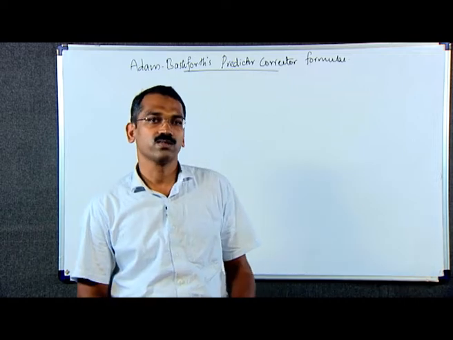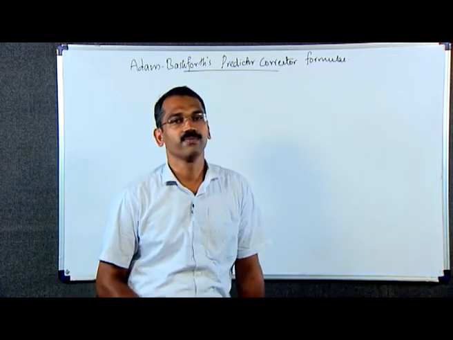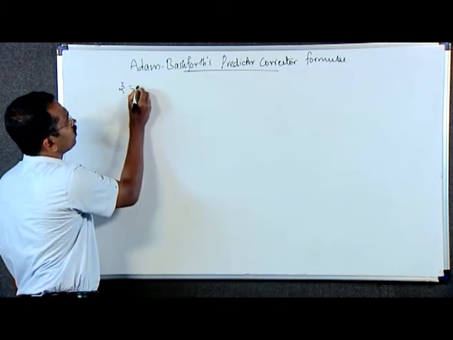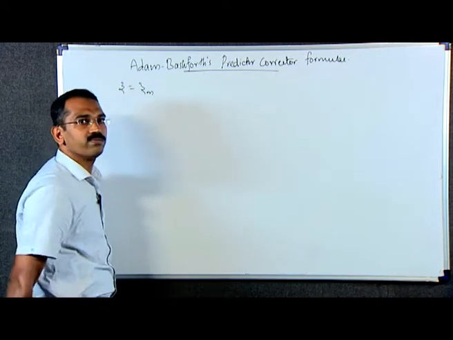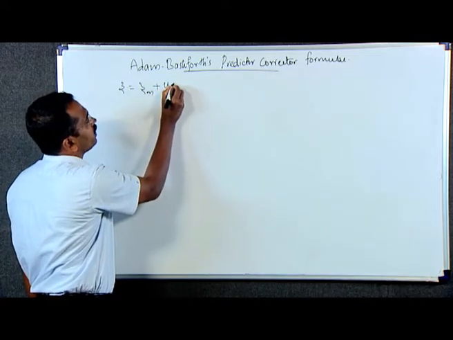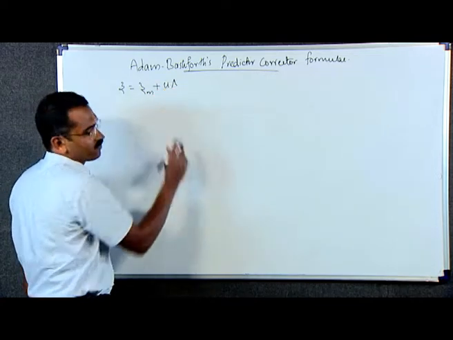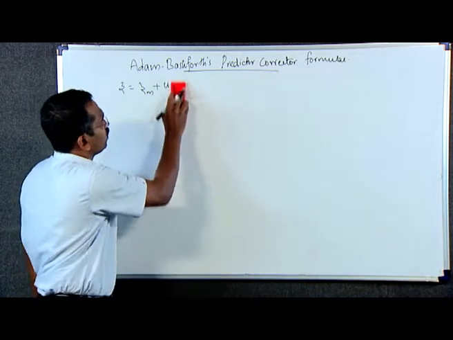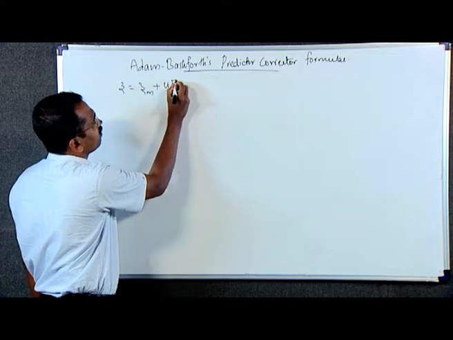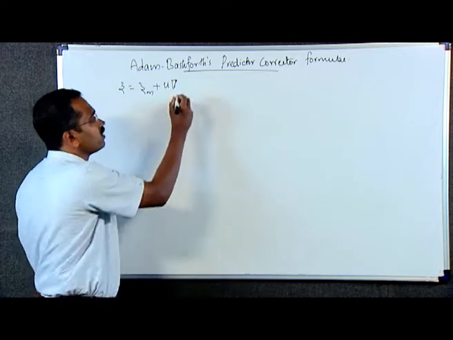By Newton's backward interpolation formula, we have Z is equal to Zm plus u into del Zm. Del means the backward difference operator.